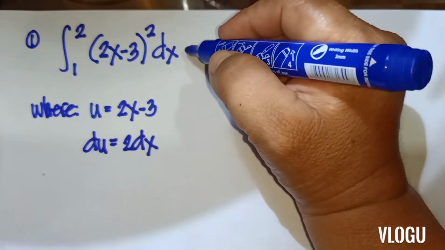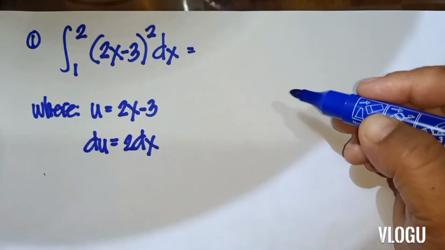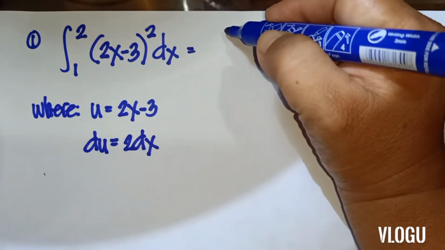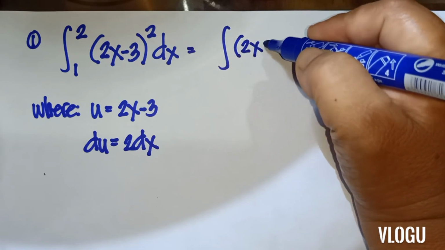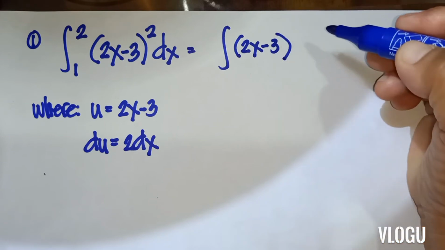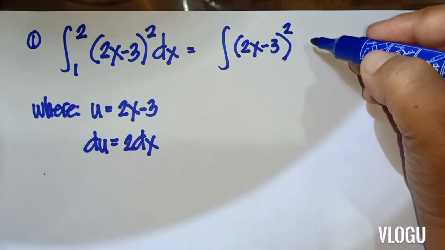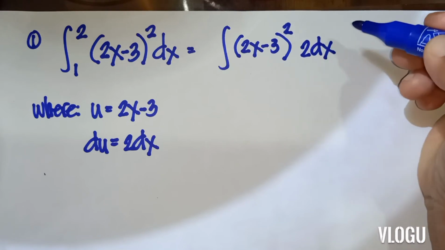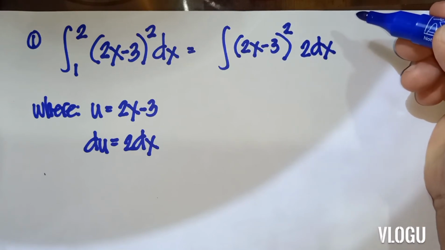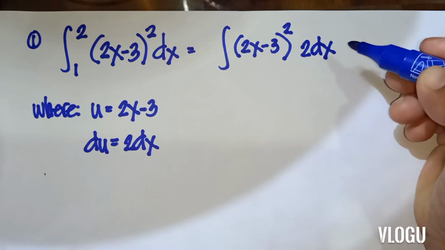So therefore, we will have the integral of (2x minus 3) squared, 2dx. So we multiply 2dx here.